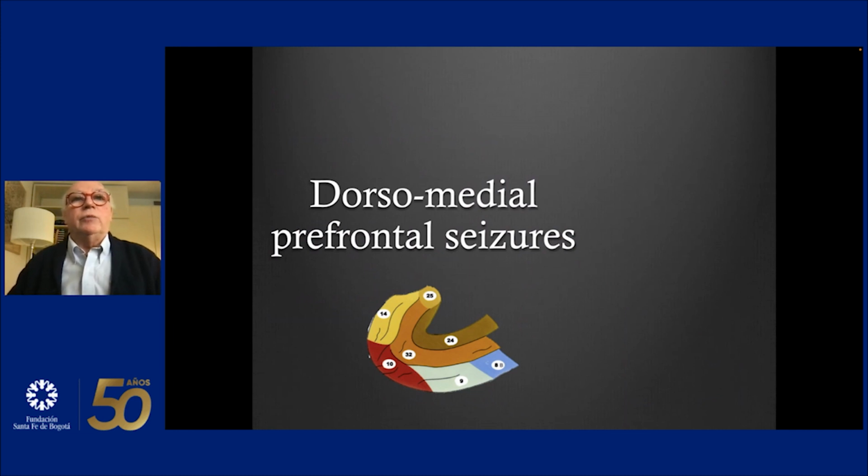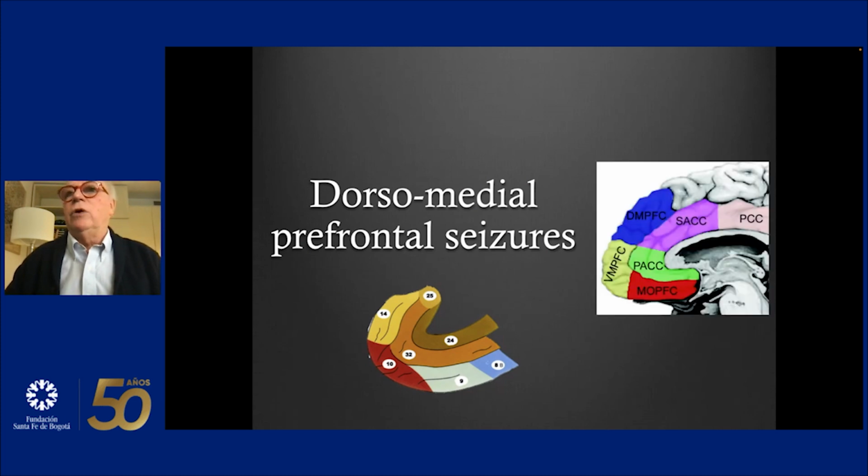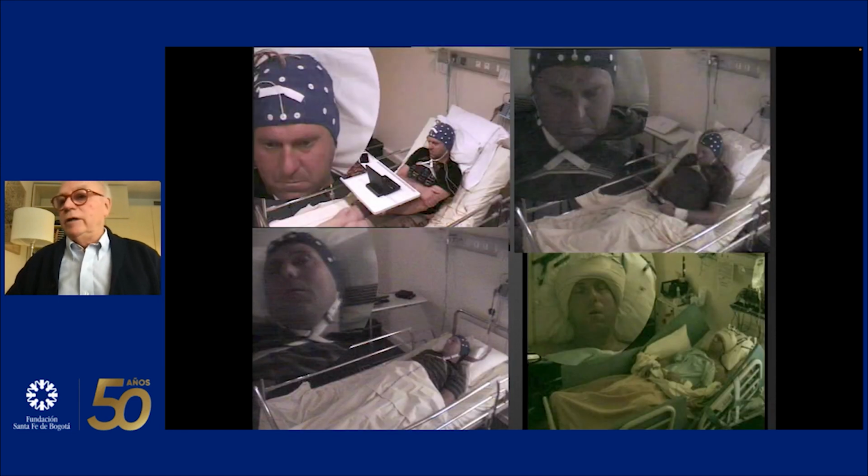Now we will move to the dorsomedial prefrontal seizures. What I showed you was the ventral medial, now the dorsal medial, which is this region. And you will see a different case, this one I can show you.